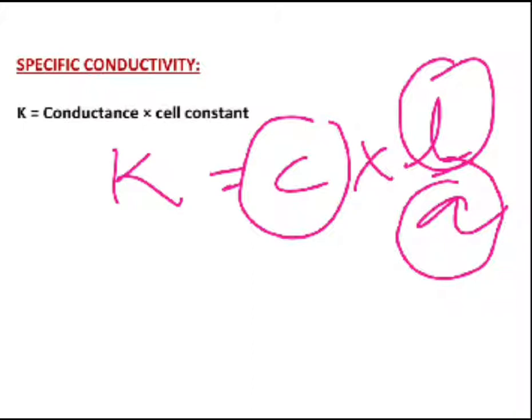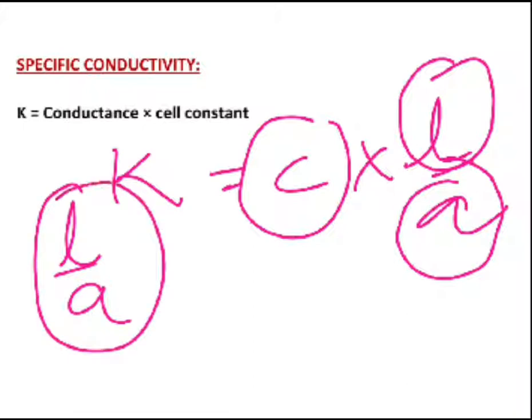Okay, so if you talk about this particular term, that is L upon A, can I say it is a constant term? Yes, it is a constant term. Why? Because for a particular conductivity cell which we are taking for calculating the experimental measurement of electrolytic conductance, there will be a specific distance between electrodes given by L, and also the area of cross section of each of the electrodes will be a constant value.